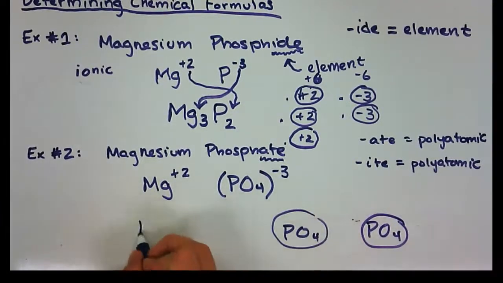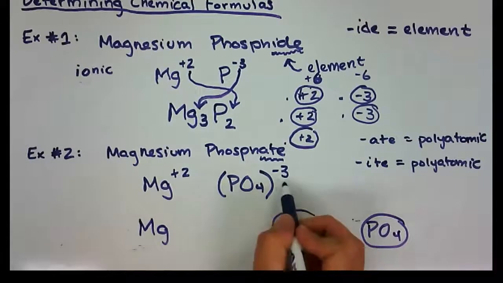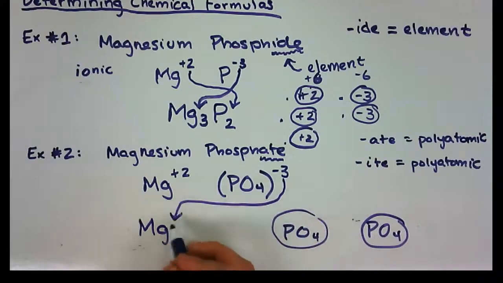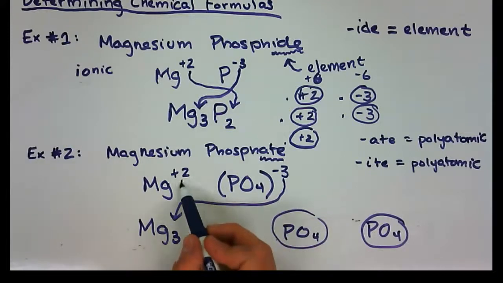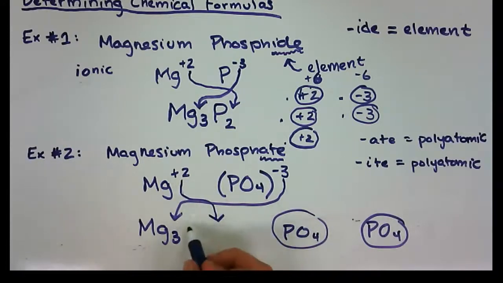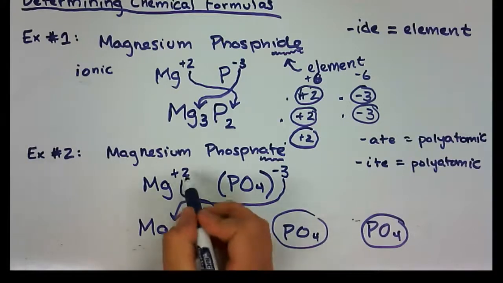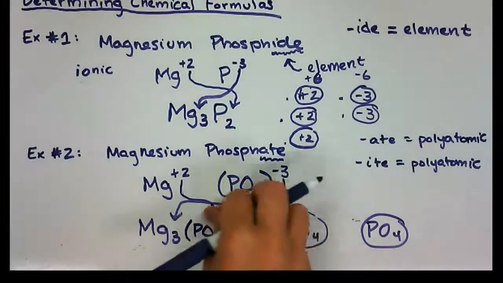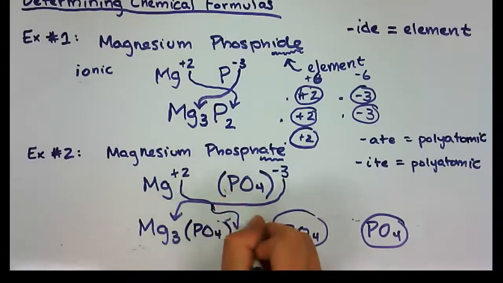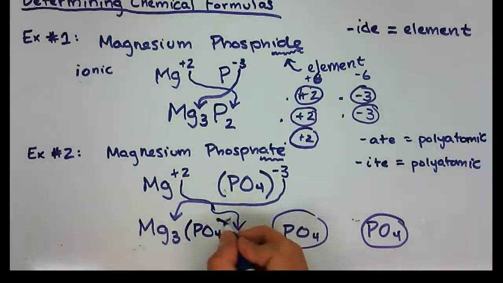So we have Mg, do our crisscross, or bring down this 3 magnesiums, and then we're going to need 2 phosphates. So I'm going to go ahead, put parentheses around my phosphate, and the 2 is actually going to go outside the parentheses. PO4, and we have 2 PO4s.